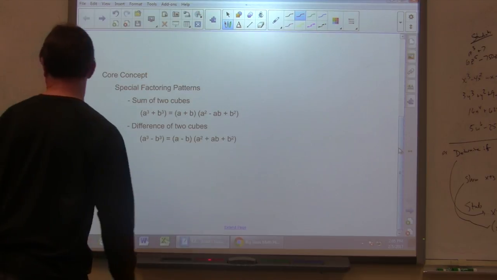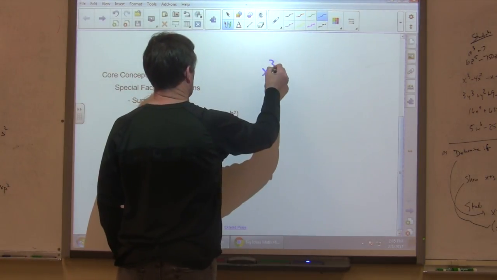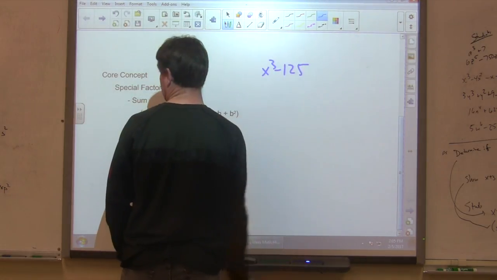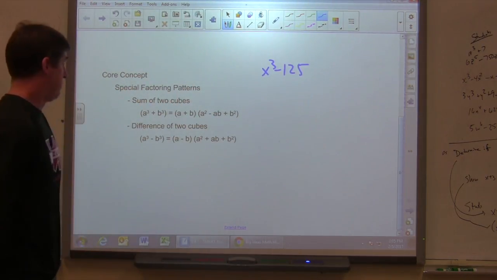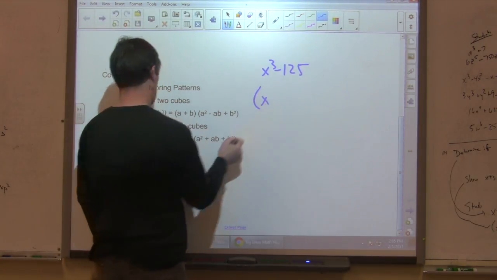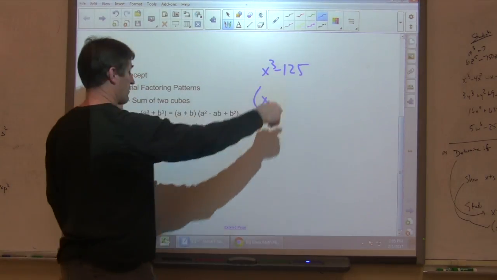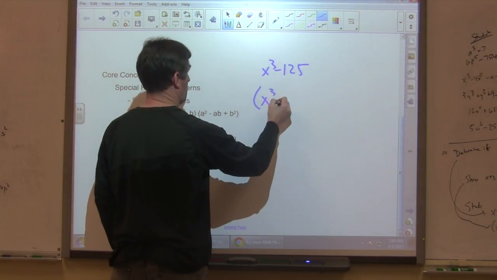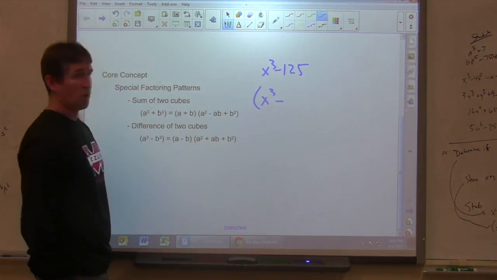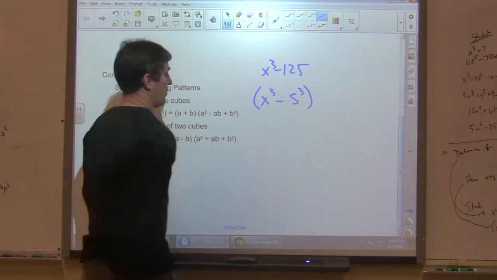So examples of this would be like x cubed minus 125. What you want to recognize is, can I write it as one of these? So it's minus, that's a cube, that's the first clue that it might be, so I can go x cubed. And then I just have to ask myself, is 125 a perfect cube? And it is. I can write that as 5 cubed.